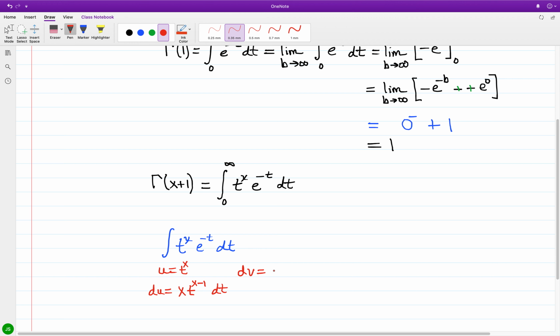And for dv, we have e to the negative t dt. The antiderivative v, again, is the negative of e to the negative t.